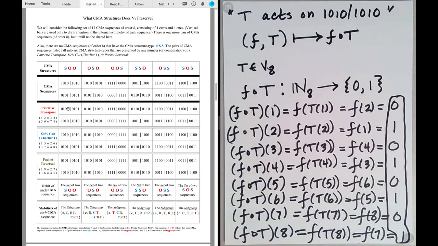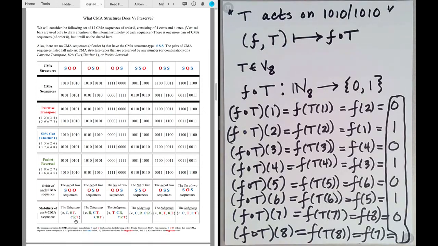But if you form the composition of those two, if you take the pairwise transpose followed by a packet reversal, then guess what? It holds this top CMA sequence fixed. So that's why it's there. Now, I do want to point out that I've written RT, but our group is abelian, so I could have written it TR. It represents the same thing. I just happened to have written it RT.